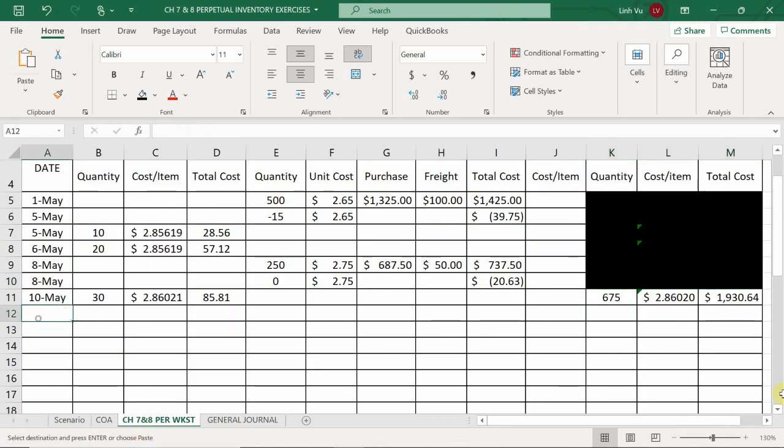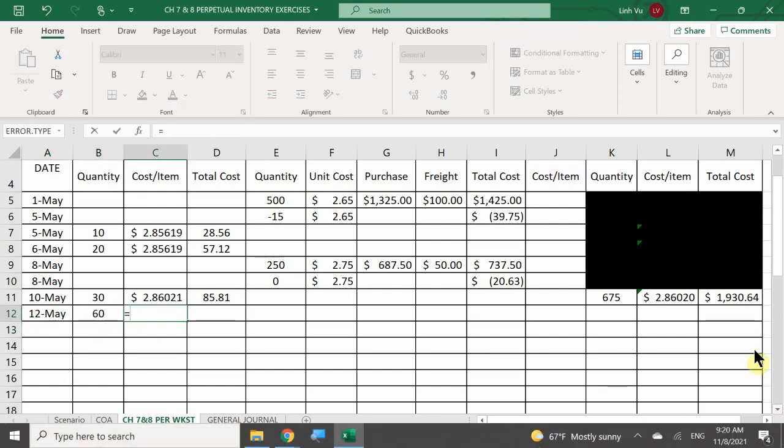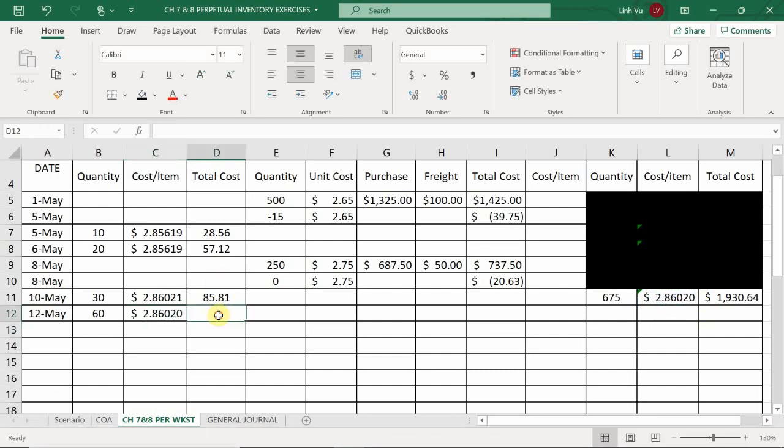So let me see, it is May 12th. I sold 60 mugs at what cost per item? 2.8607. Good. So therefore, how much is my total cost of goods sold going to be? 171.61.